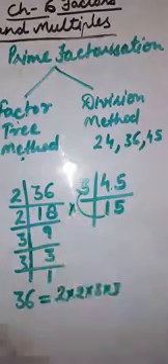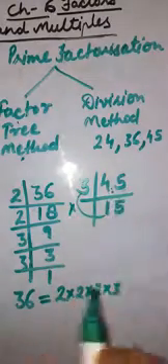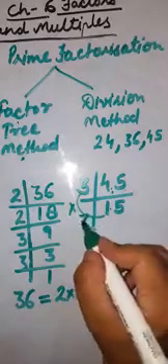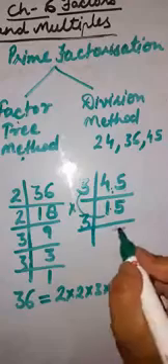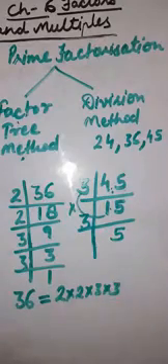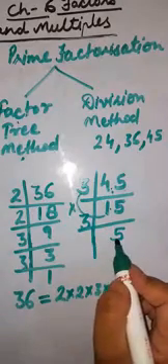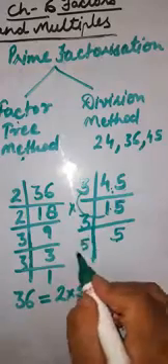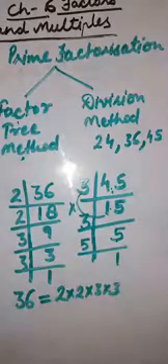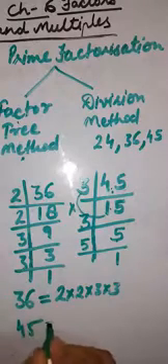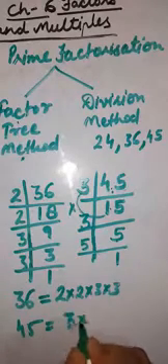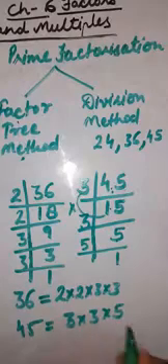Just cross check it. 15 3s are 45. Now here we have 15. Again it will be divisible by 3. 3 5s are 15. Okay, now here we have 5. 5 comes in the table of 5 only. 5 1s are 5. So the factors of 45 are equal to 3 multiply 3 multiply 5.